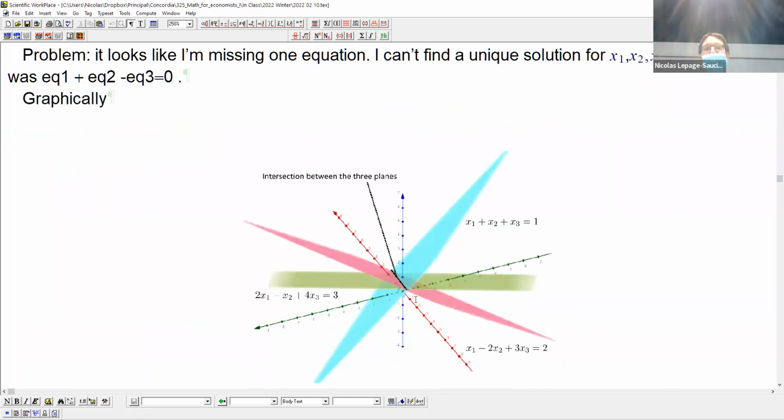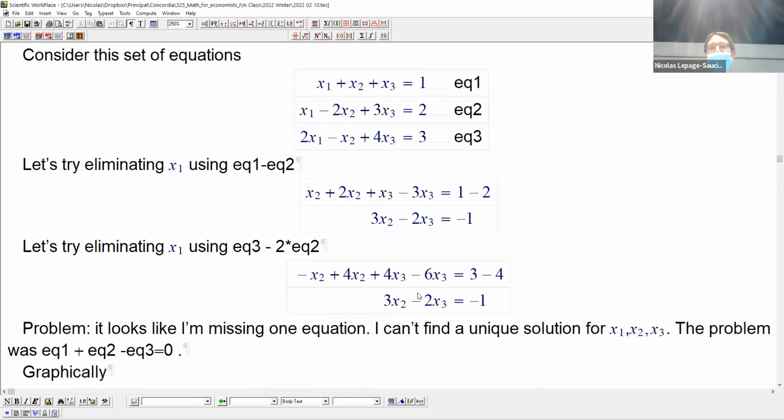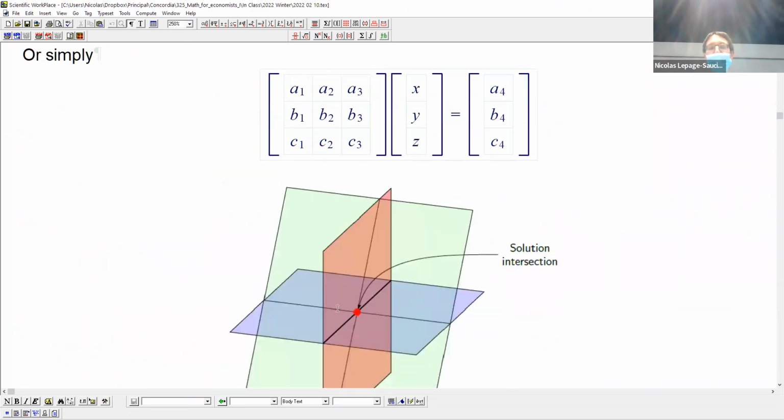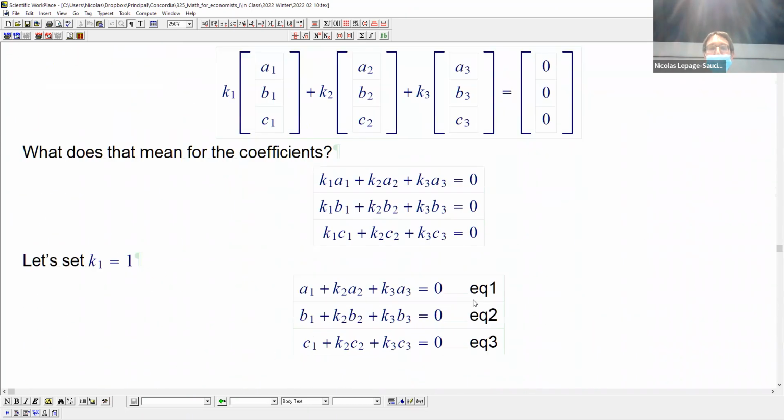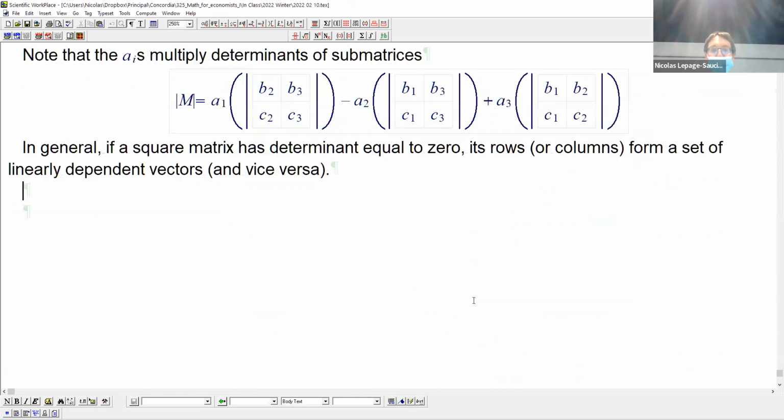So something problematic gives you a 0 determinant. And something that works well, like this, would not give you a 0 determinant, would give you some positive or negative value, but non-zero.